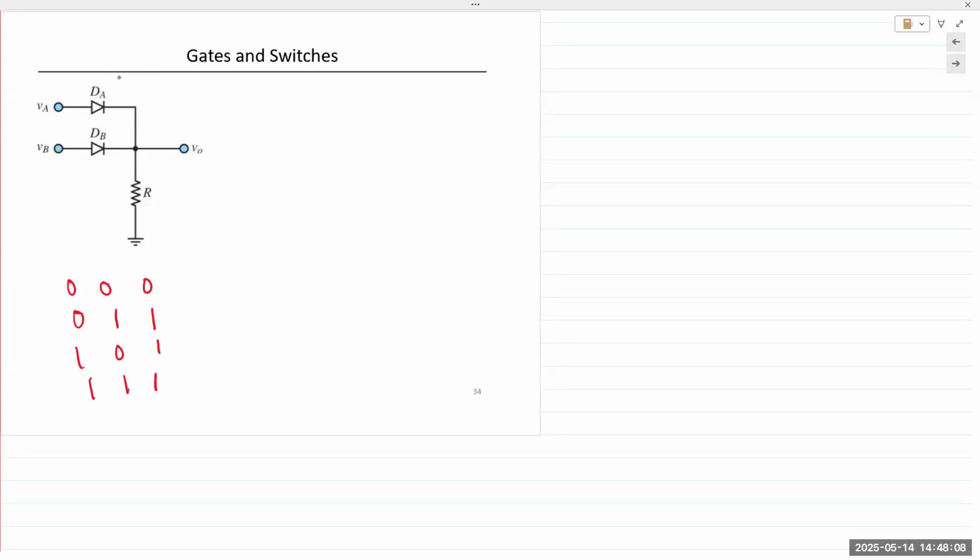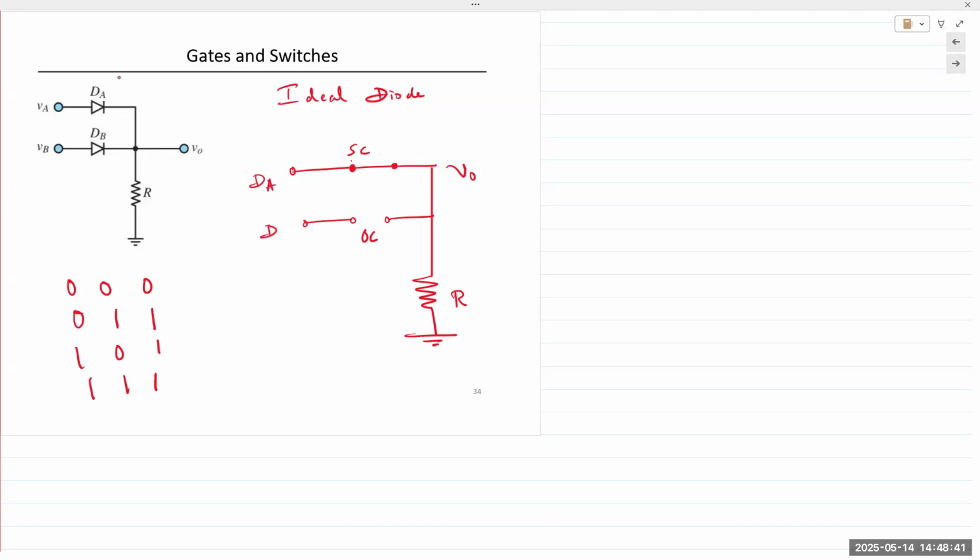Okay. We can use the ideal diode analysis, and I'm just going to analyze one case. That's VO, short circuit, open circuit. That's all it is.